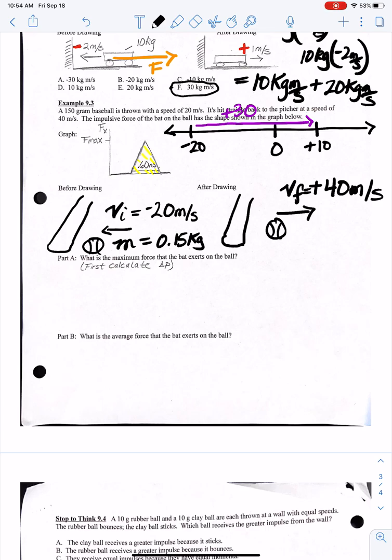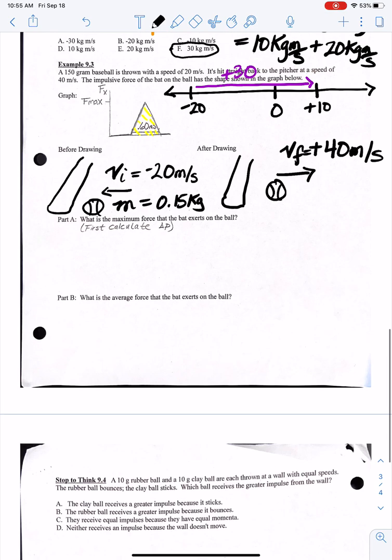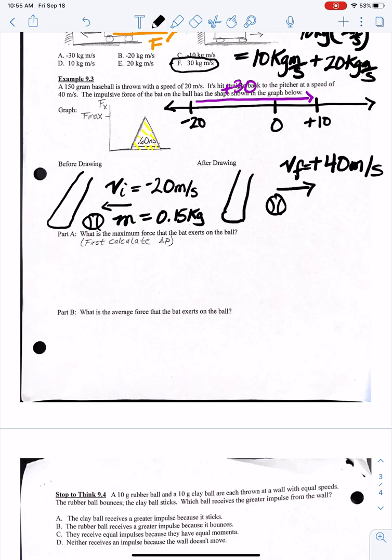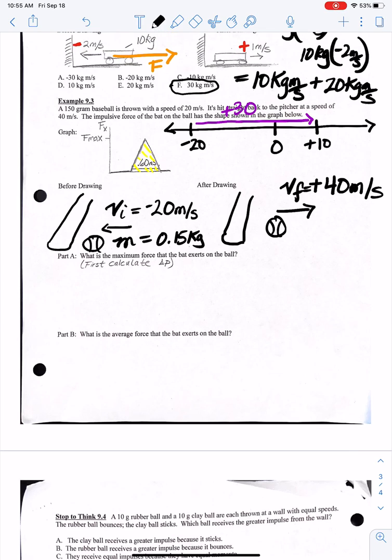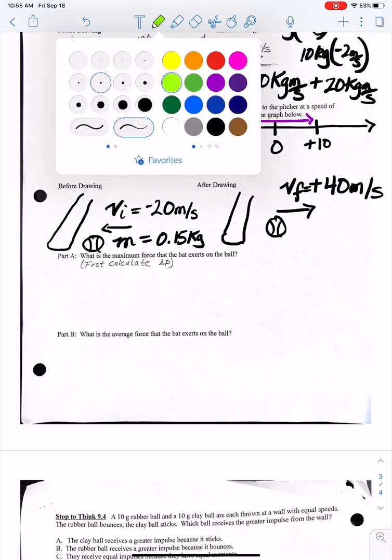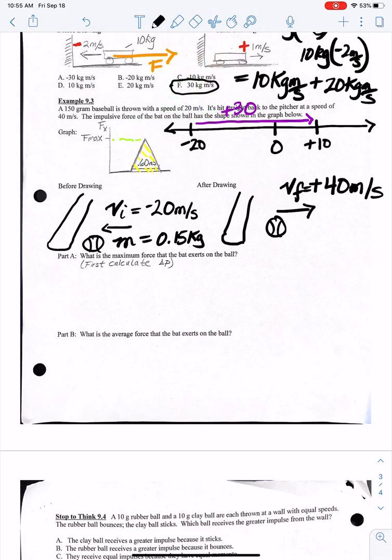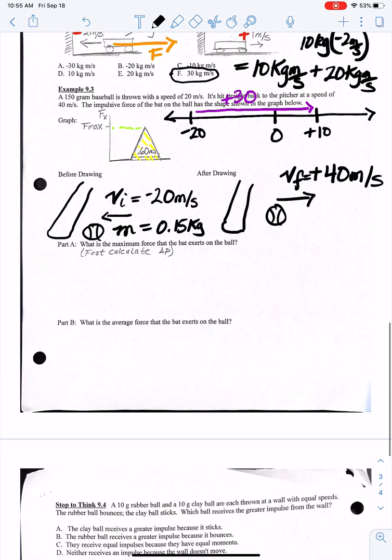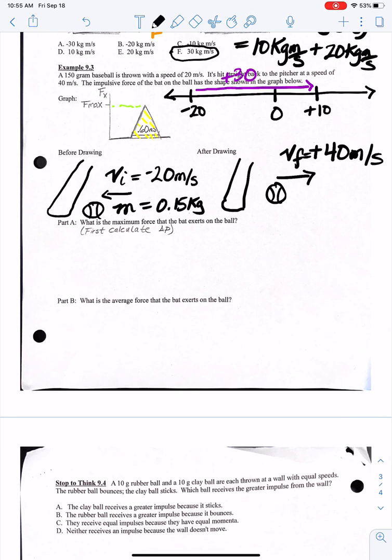Okay, then it says, what is the max force that the bat exerts on the ball? So F max, we see from the graph, is the height of this triangle. If we know the impulse, we know the area, and we already know the time, we should probably get that time out of milliseconds.